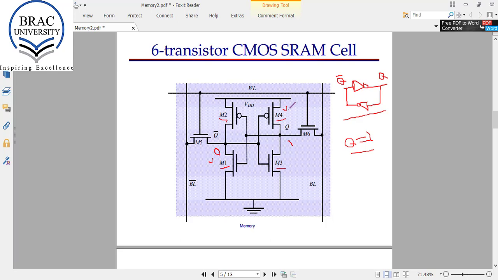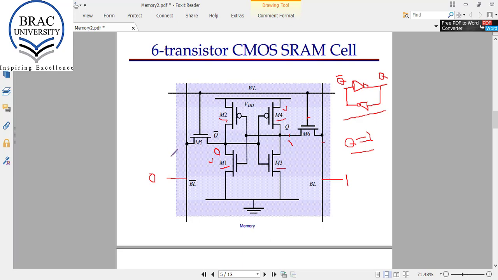First we need to make this line BL 1, and this BL bar 0. We make the voltage levels in these bit lines forcefully. Then WL is turned on, and we can see this point has voltage 5 volt, this point has also 5 volt, and this is also 5 volt. So this transistor will not turn on.